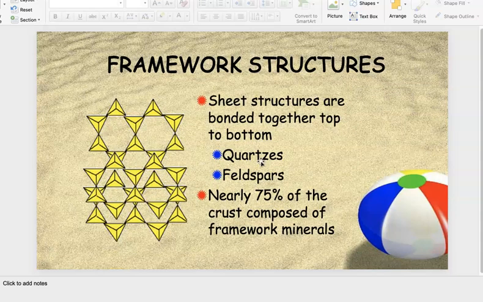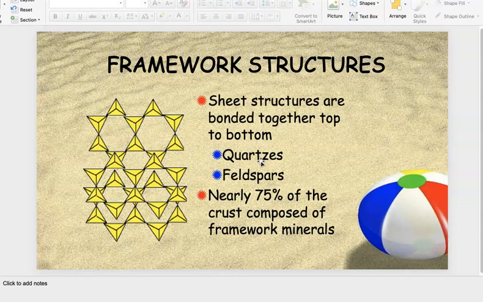Last but not least is something called framework. And I mentioned that those sheets, even though there's multiple present in, say, a mica, they're not bonded together top to bottom. At this point, you're using up all 3 of the corners of your little pyramid there. Every one of those oxygens is bonded to another oxygen next to it. That's how you get that nice wide flat sheet.